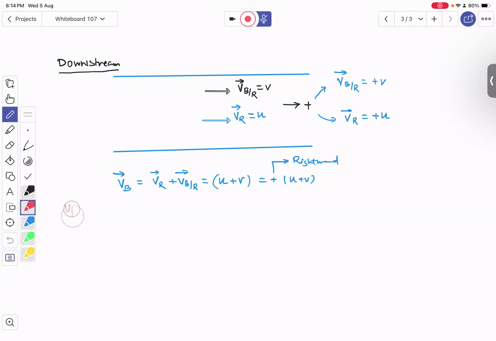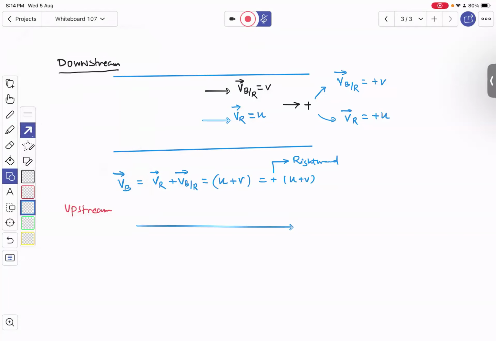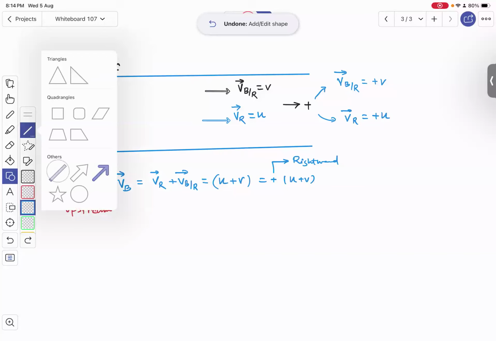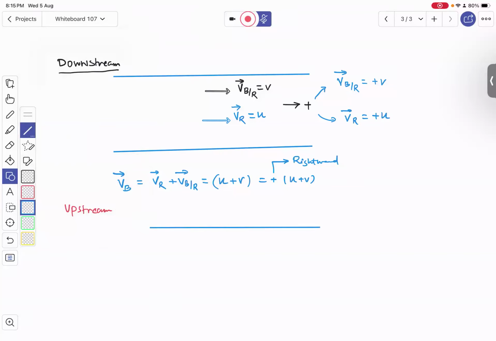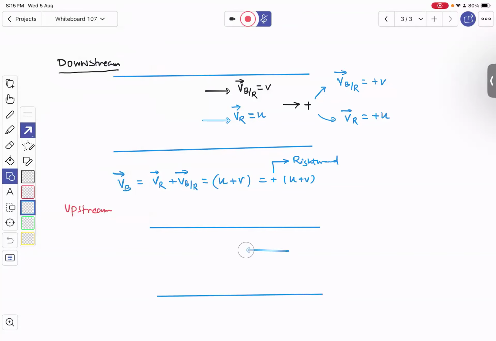Another case is the case of upstream, meaning moving against the flow. Suppose the velocity of the boat with respect to the river is this side, opposite to the way the river is flowing.